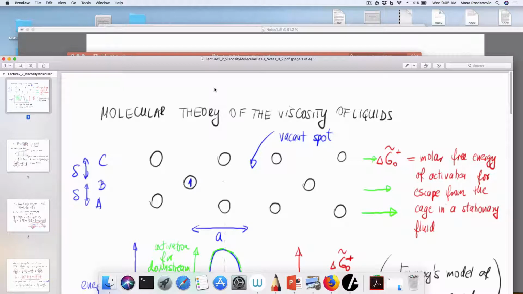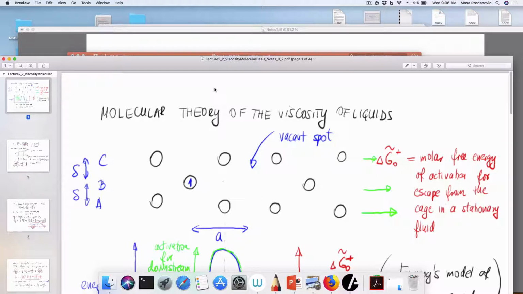What we know about liquids is that when we put them in a situation like that, you often have vacant spots, or that's how they're thought of theoretically, that appear in these molecular cages, except that they're not cages, they're cages in a very loose sense. And when a spot appears, I'm monitoring this molecule 1 in what I call layer B, and I'm trying to figure out, is it going to jump in here? And it is if it's energetically favorable to do so.